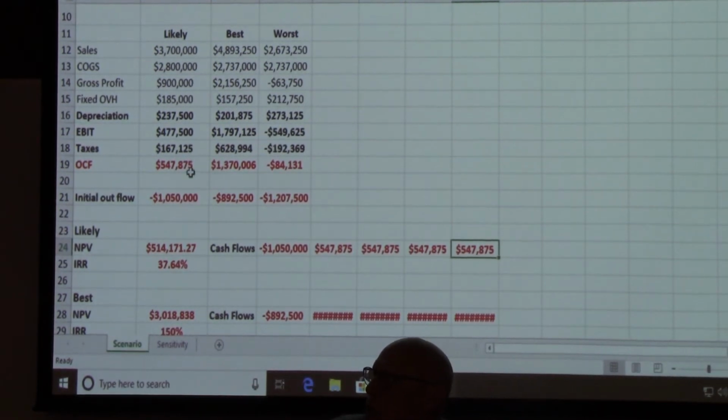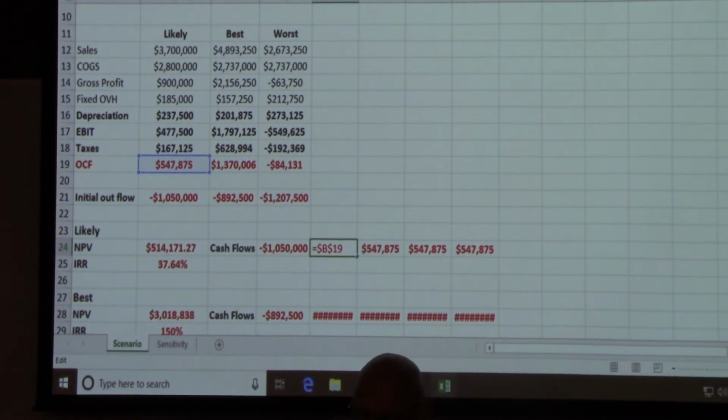So we grabbed B19, which is our OCF, and we anchored it. The way you anchor that is you go between B and 19, and then you hit the F4 key. Sometimes you have to hit function F4 or Alt F4. All right, so we anchored that.